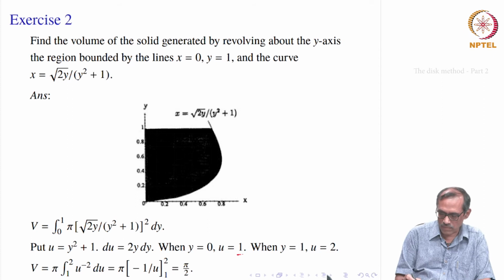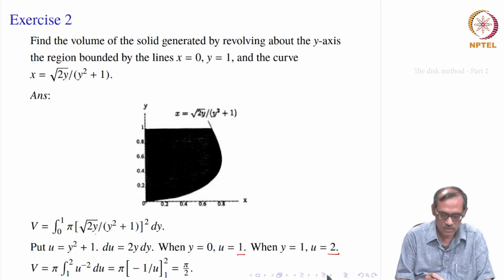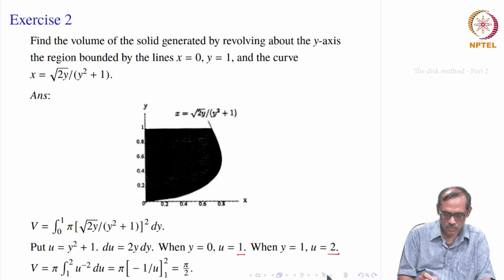Let us write the integral first, it will be easier to see: pi times the integral of 2y divided by y square plus 1 square, dy.